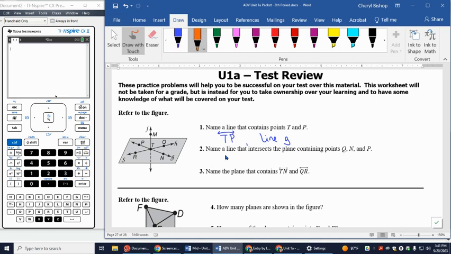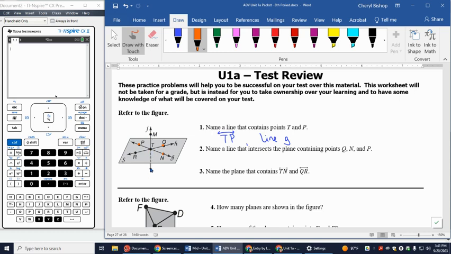All right, number 2, name a line that intersects the plane containing points Q, N, and P. So that's the gray plane, because all 3 of those points are in the gray plane. And then the line that intersects it is going to be this one that all of a sudden turns dotted.